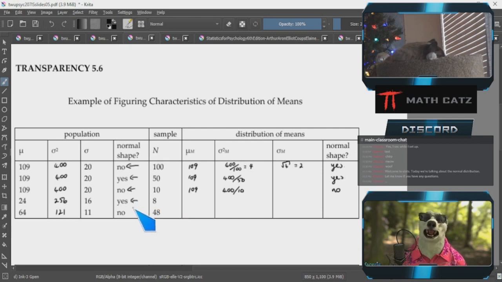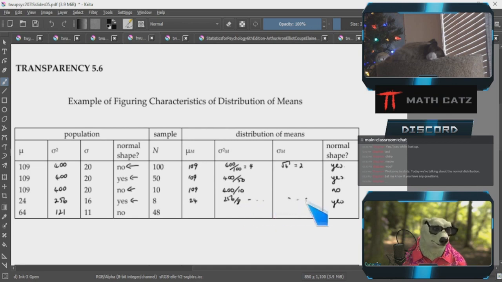If the population distribution was normal, the sample size doesn't matter. The distribution of means will be as well. Same parameters. I'll leave that to you. I'll emphasize here 24. And the new variance is 256 divided by the sample size of 8.